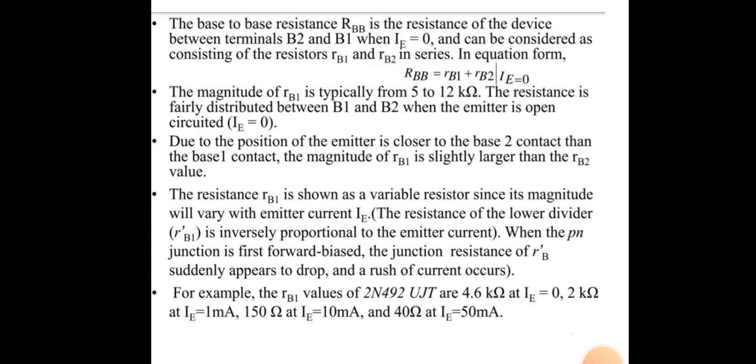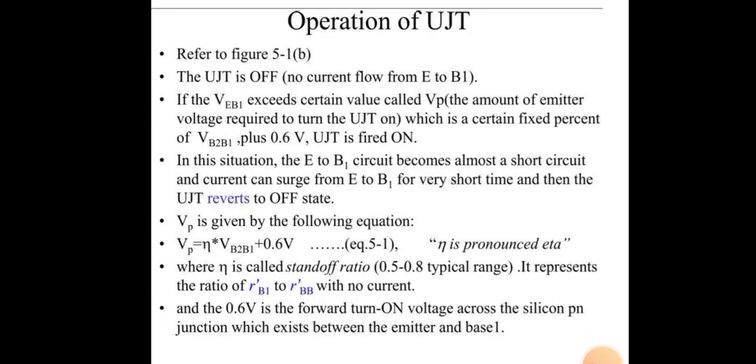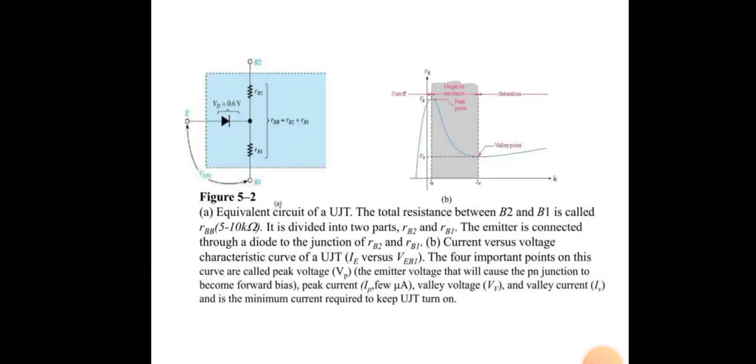The resistance RB1 is shown as a variable resistor since its magnitude will vary with emitter current IE. That is, the resistance of the lower diode is inversely proportional to the emitter current. When the PN junction is first forward biased, the junction resistance of RB1 suddenly appears to drop and a rush of current occurs. Then we are going to see the operation of the UJT.